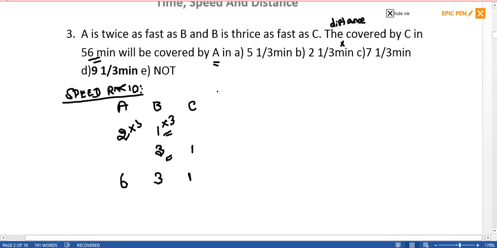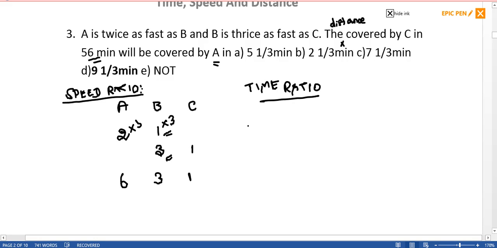So they are asking for the time taken by A to complete the same distance. So what we need to find out is the time ratio.